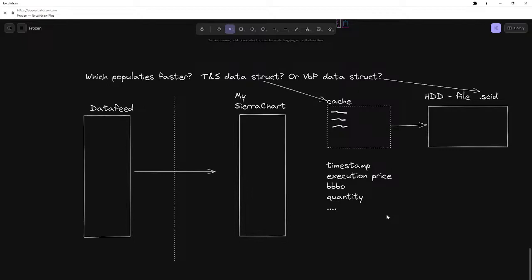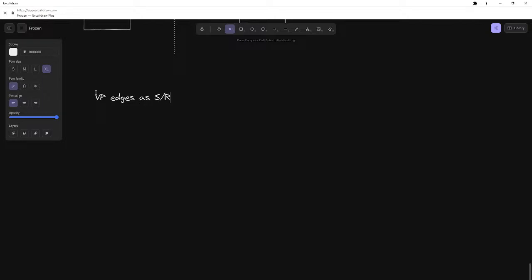One thing I was always interested in is volume profile edges as support and resistance. And I know that the VP container is a little different.